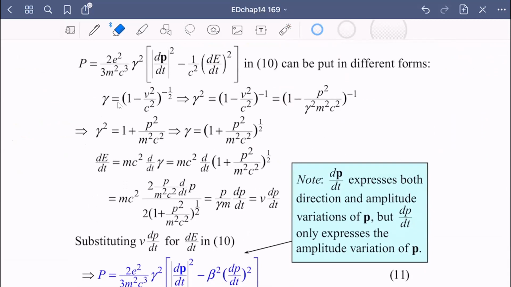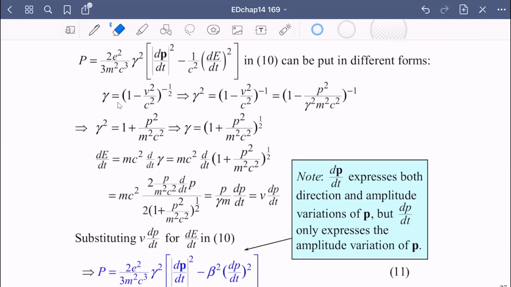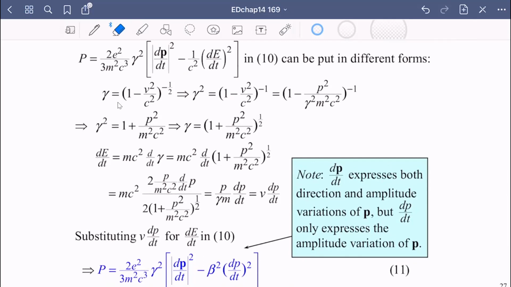It's just generalizing the special relativity, the equation from low velocity to very high velocity. So the total power radiated is here, and can be put in different forms.